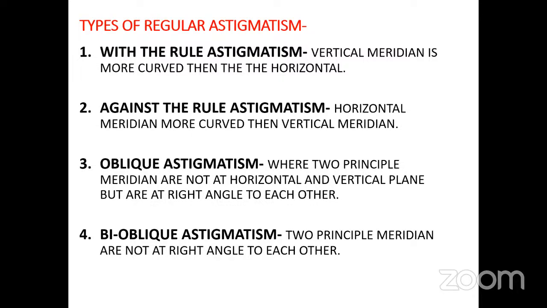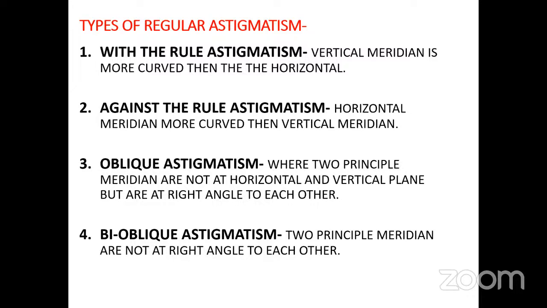For example, +2 dioptric cylinder at 90°. Okay. And you said normally the vertical meridian is more curved. Why normally? Yes, sir, because of the pressure of the eyelid.